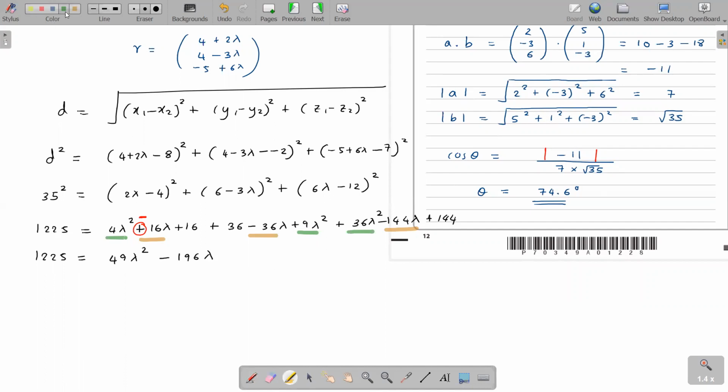Then add all the constants: plus 16 plus 36 plus 144. How much is it? Plus 196. Make it equal to 0: 49 lambda squared minus 196 lambda plus 196 minus 1225 is minus 1029. So I get this quadratic equation.